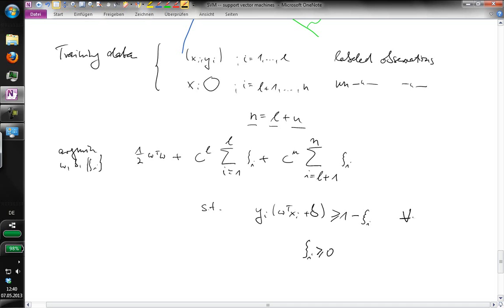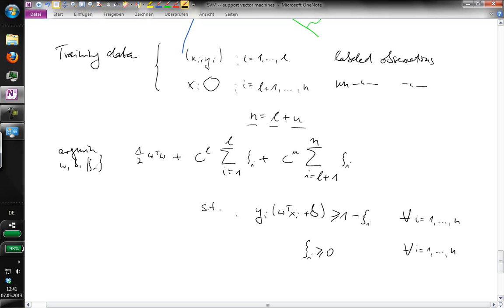Now this holds for all samples 1 up to N, so for the labeled and the unlabeled samples. However, note that we still need some label for the unlabeled samples in this equation.